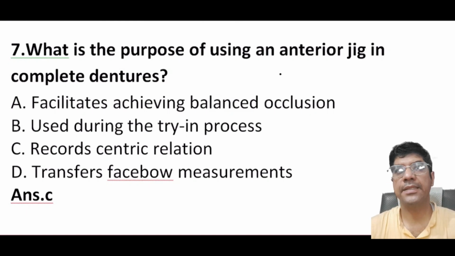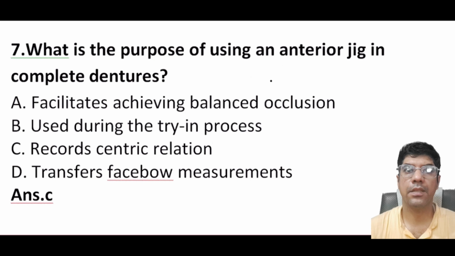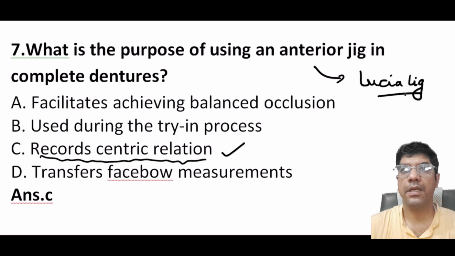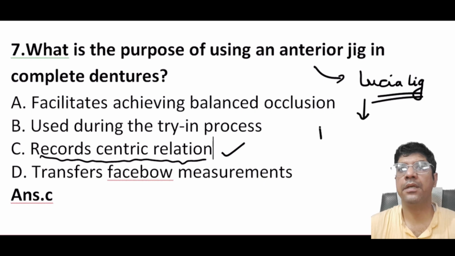Now coming to the next question, what is the purpose of using an anterior jig in the complete denture? Now the anterior jig helps you to record the centric relation, right? Remember, anterior jig is also known as Lucia jig, that is basically a deprogrammer.